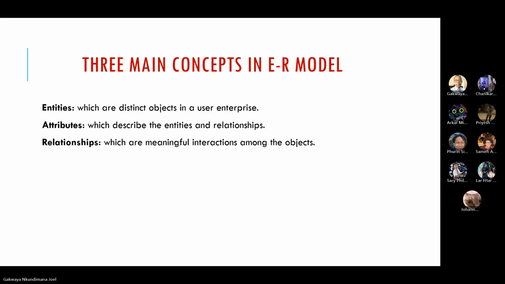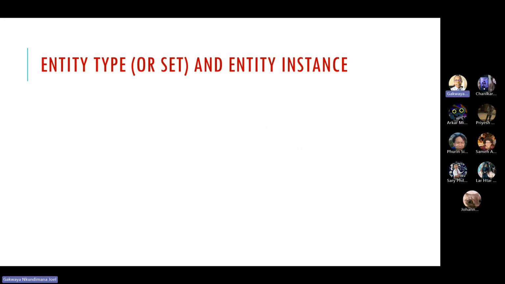For example, in our previous class, we saw something called null, not null, unique. So we saw this. These are what? Constraints. These are the constraints. So these are the three main concepts which you need to understand in this. Is it clear? Is it clear? Oh, thank you.